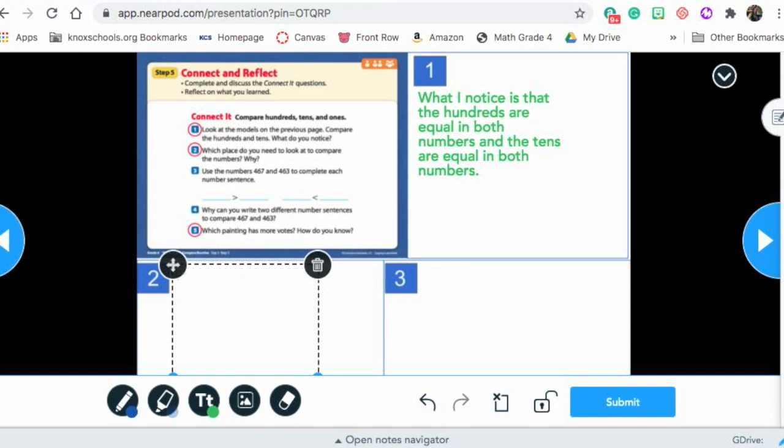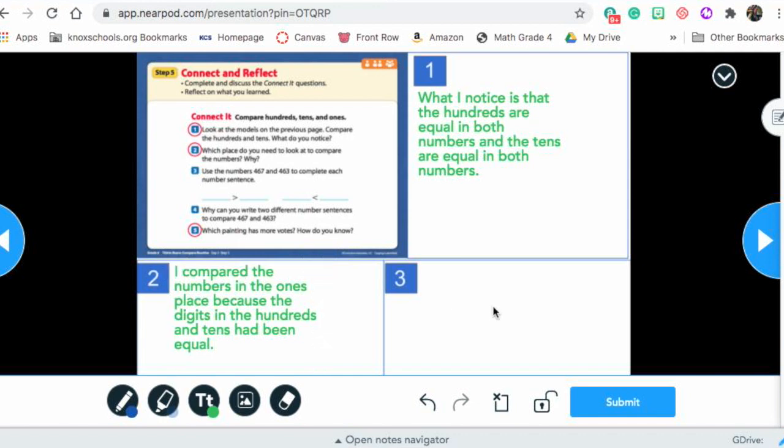So I compared the numbers in the ones place not because I just automatically started there, but because the digits in the hundreds and tens had been equal. All right, I don't have any red lines, so I'm good to move on to number 3.